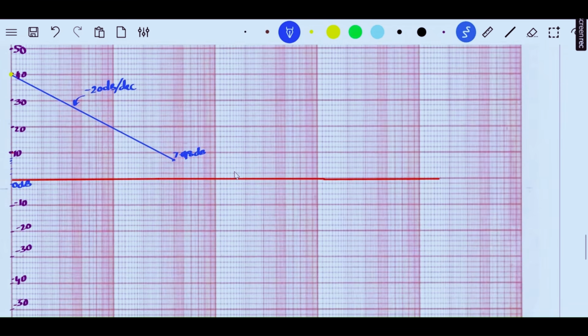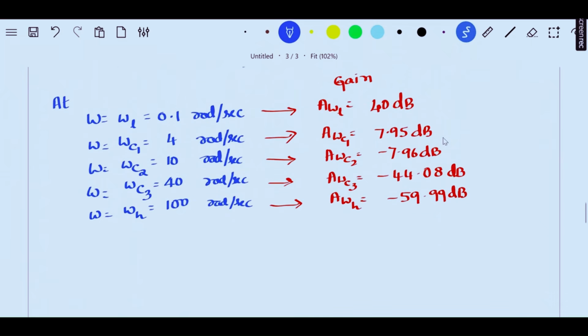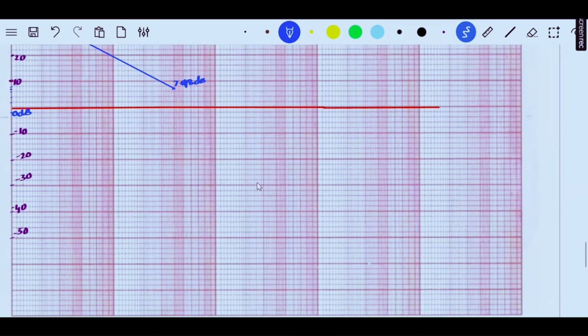So I'll go with the minus 7.96. I need to put a point at minus 7.96 somewhere. So this is minus 2, minus 4, minus 6, minus 8. So between minus 6 and minus 8 is something here. This is the point. Now I need to join these 2 points. Take a scale and join from here to here.